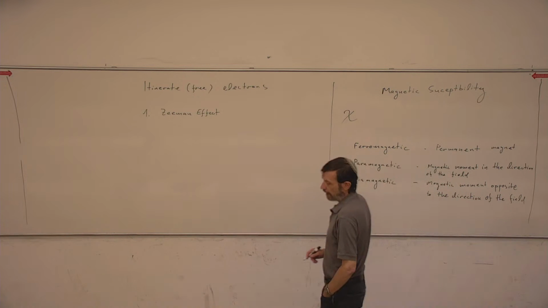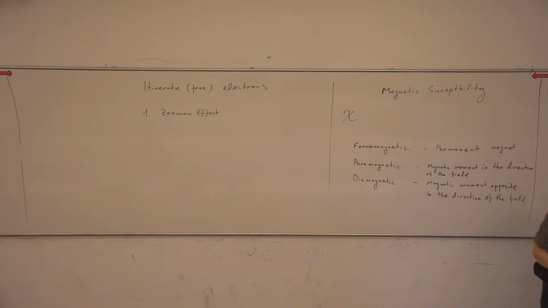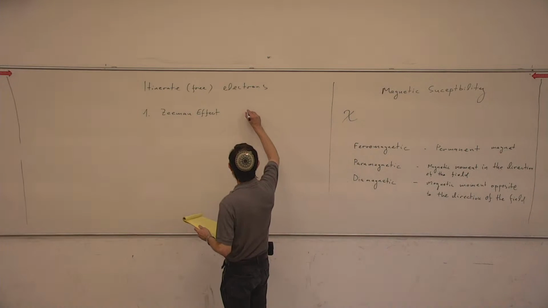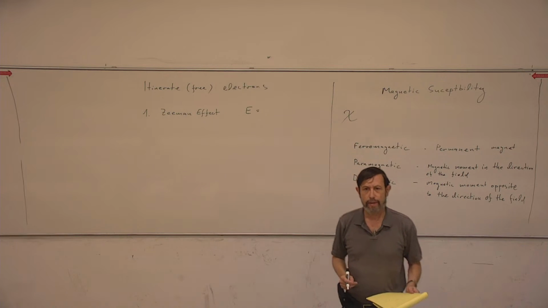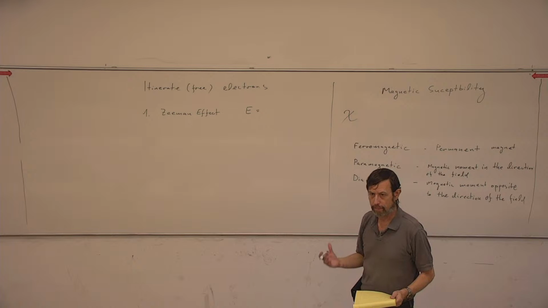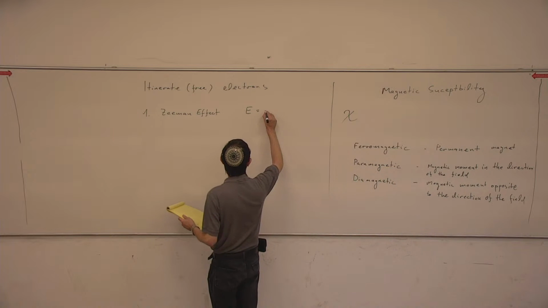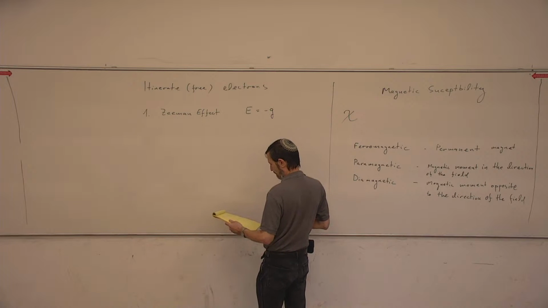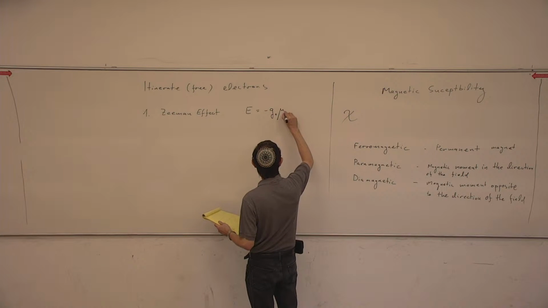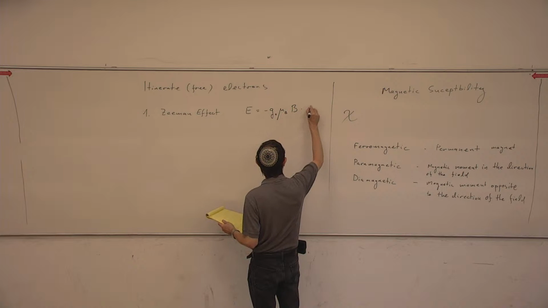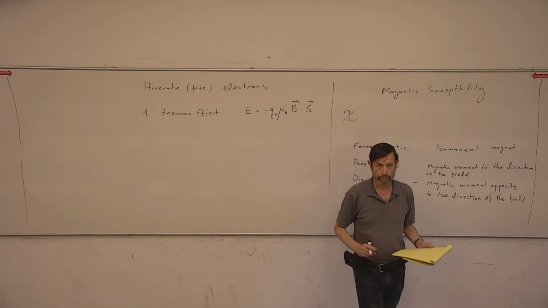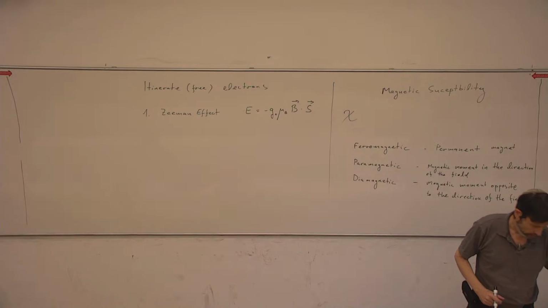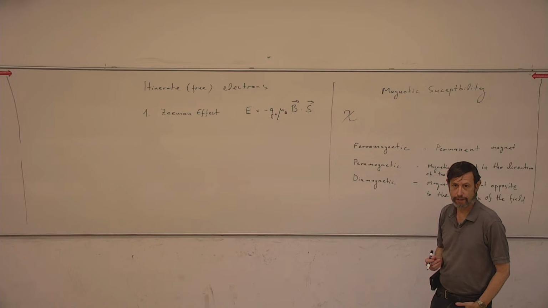I mean, the electron has spin, and you probably have seen that the energy of a spin in a magnetic field is equal to... Have you seen this term?